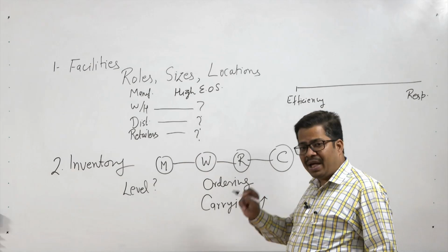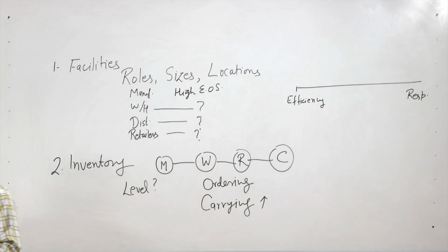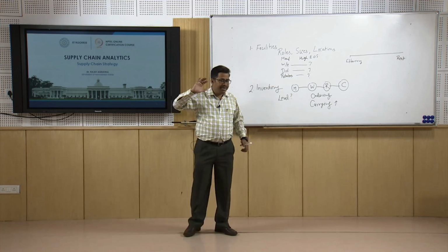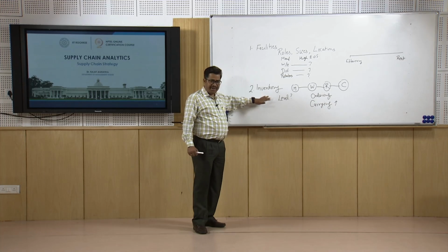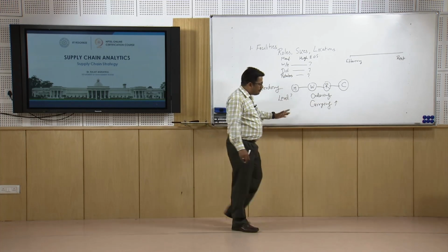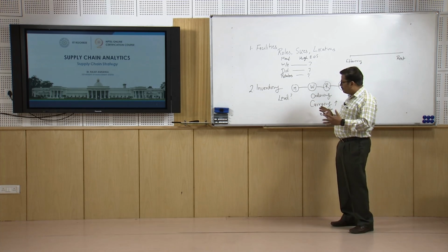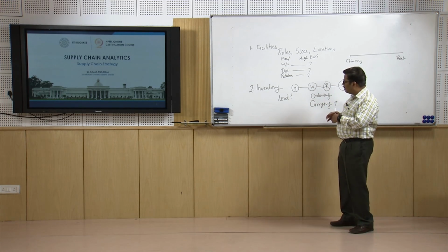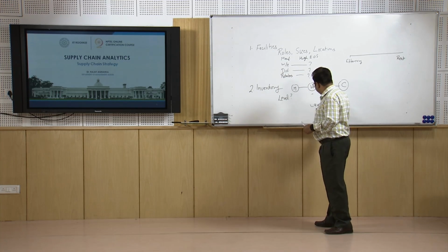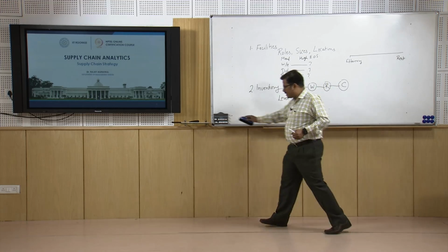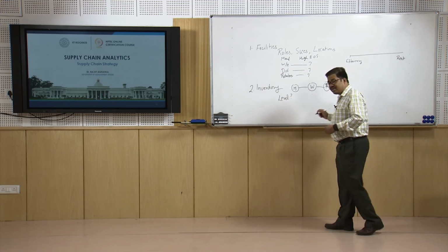So, for a supply chain manager, and particularly now when we have tools like analytics available with us, we need to make very sincere efforts for appropriate management of inventory. And for that purpose, we will see how analytics can help us. The management of inventory requires that we adjust between two things. We want good customer satisfaction, so we want to achieve a good service level.